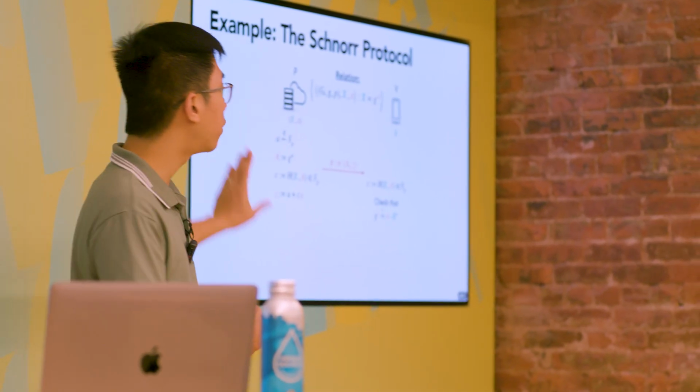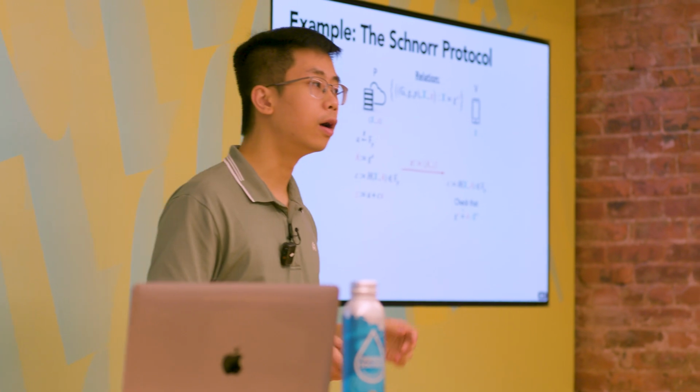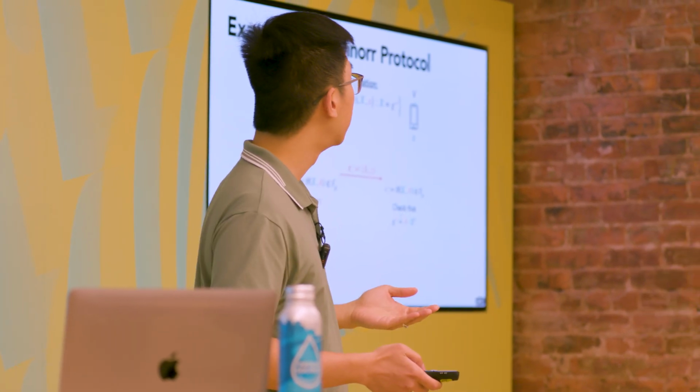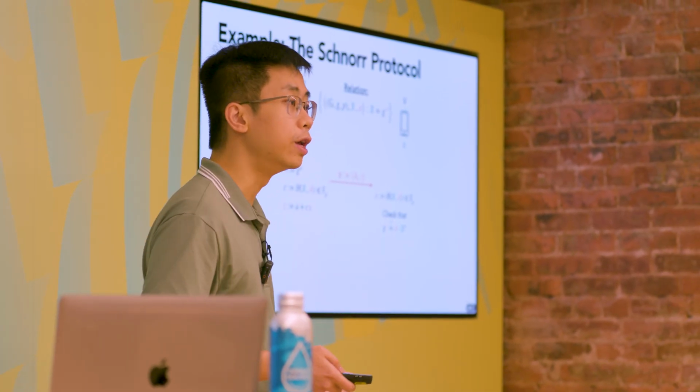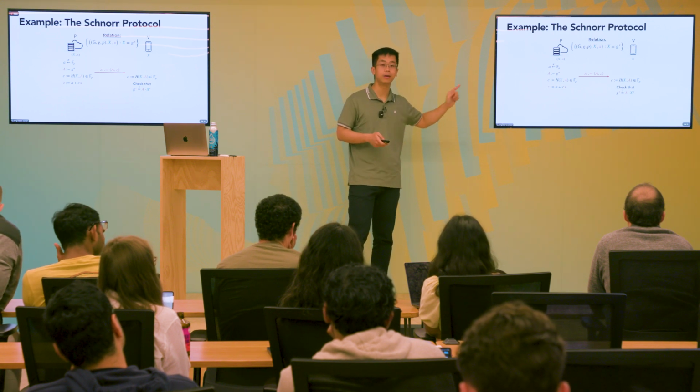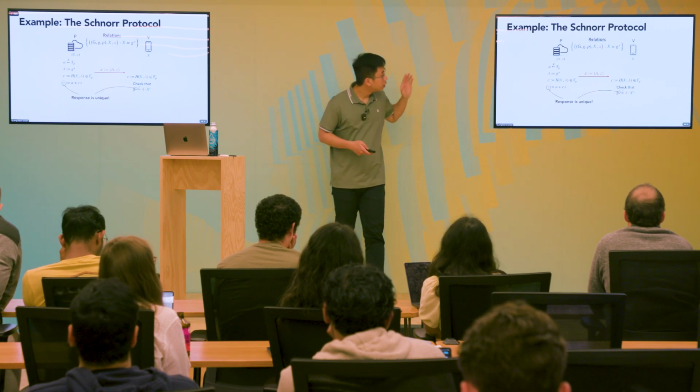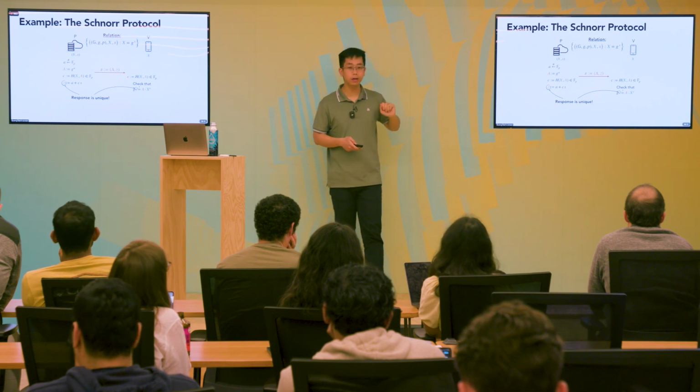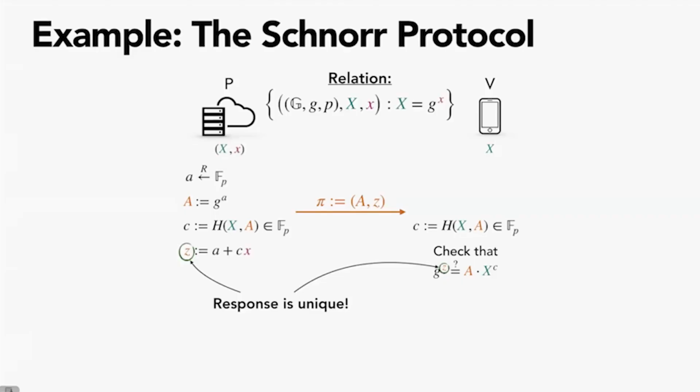So with this protocol in mind, we want to show that the response is unique, right? The response here is just this second message Z. And if you look at the verification equation, it follows that if everything else remains the same, so if A is the same, if X is the same, and the challenge is the same, then there's only one value of Z that is possible.